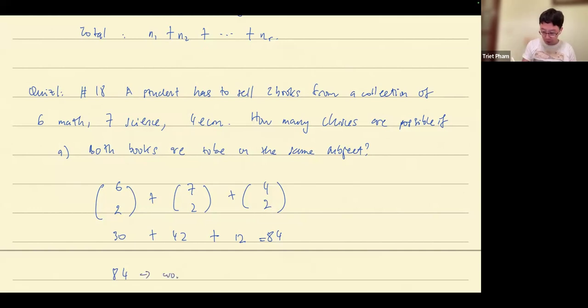This is worse in the sense that, first of all, it shows no work or no idea. And by the way, if you look at the back of the textbook, the answer provided will be something like that. Let me check real quick just to make sure that it is 84.